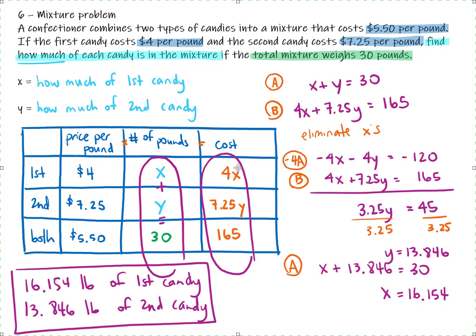It says, find how much of each candy is in the mixture. We found how much of both the first and the second candy, and we've answered it using the correct units. You really want to take time to stop this, redo this question, and do the question that's in the book so that you can get practice at this method. Pause the video now so that you can do it.